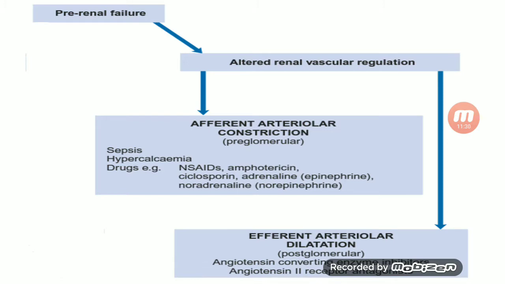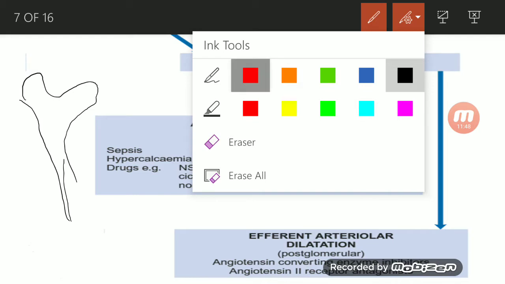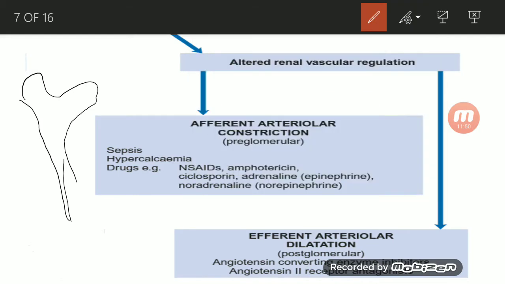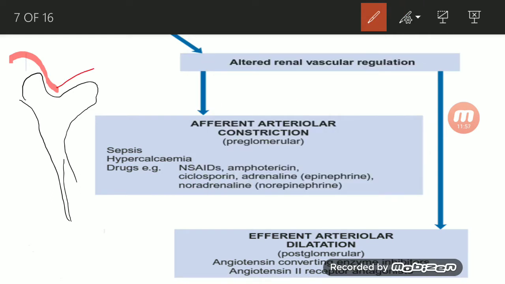Next one is pre-renal failure by altered renal vascular regulation. In this case, let us see one thing. Firstly, the blood flow into your kidney, or into your nephron, is totally controlled by your afferent arteriole bringing your blood in, and your efferent arteriole taking your blood out.